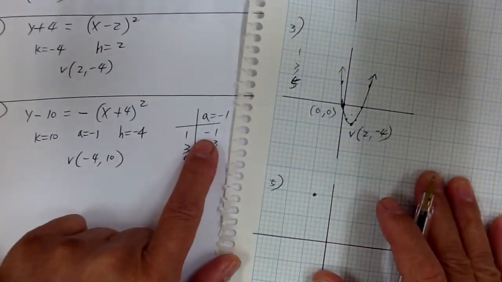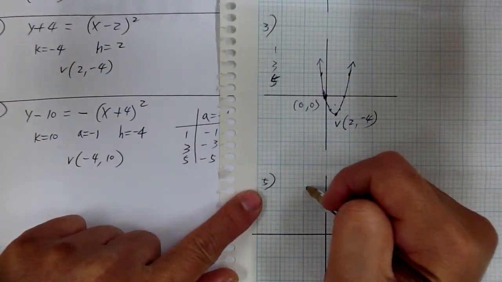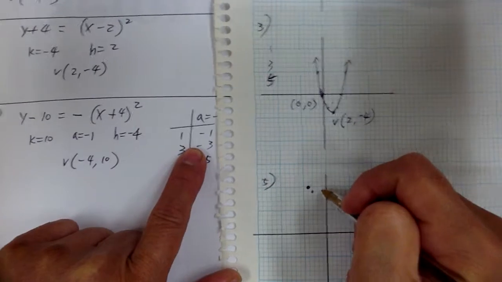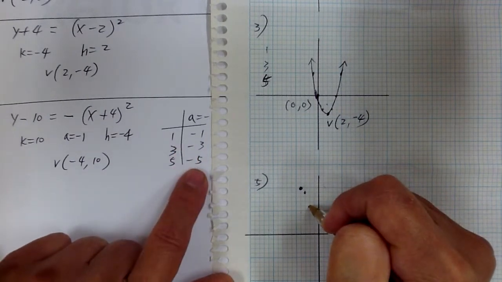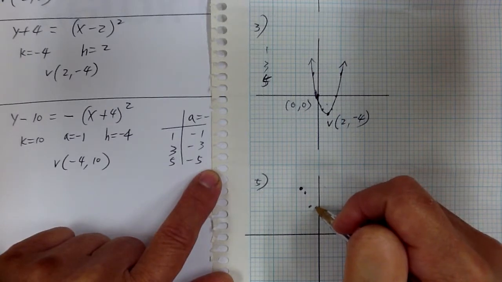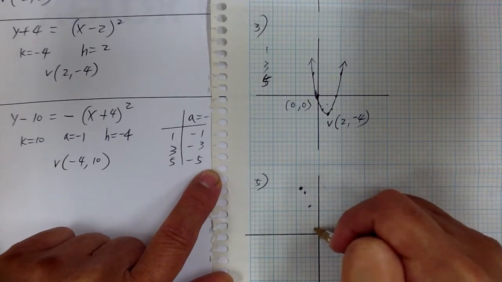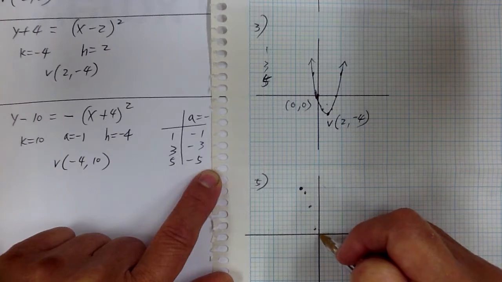And now you have to go down. So 1 over, go down 1. 1 over, go down 3. 1 over, 5. 1 over, 7.